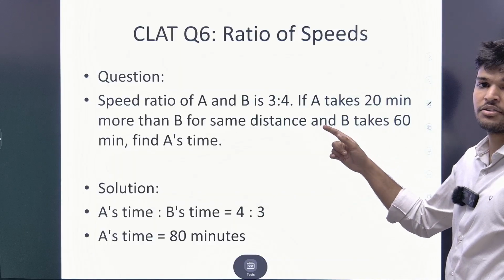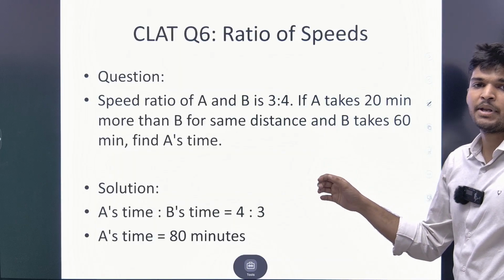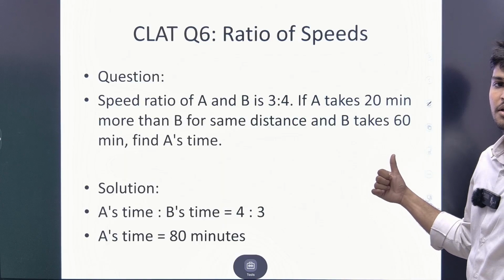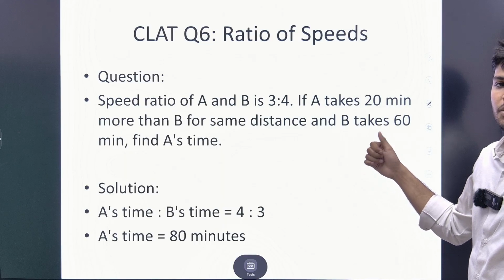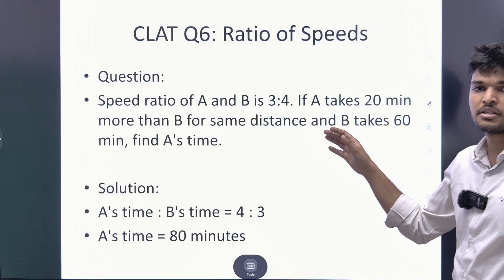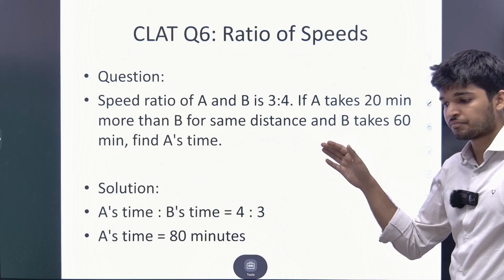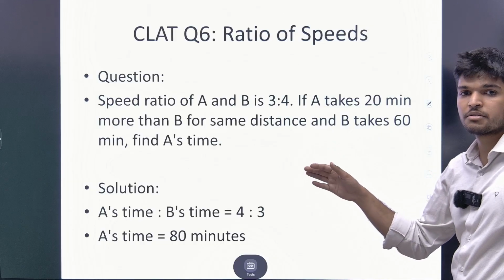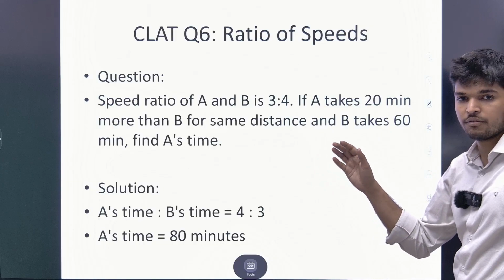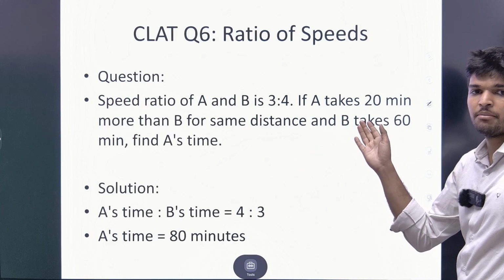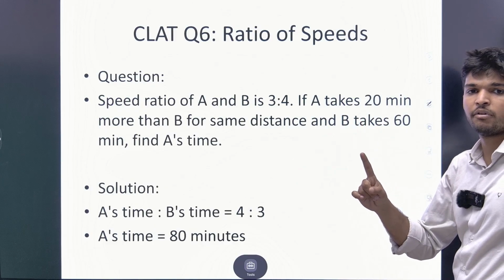This ratio would have been applicable if 60 minutes had not been given. A is moving at the slower speed, so A will obviously take more time, and the extra time taken is 20 minutes, and the difference in the ratio is 1.